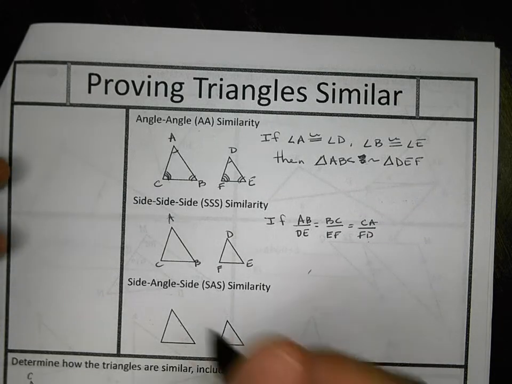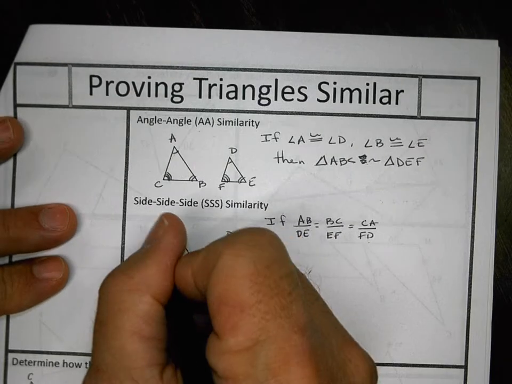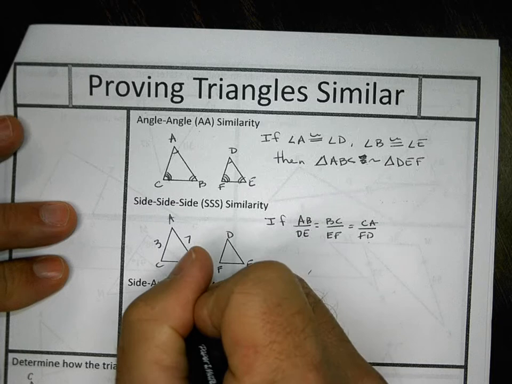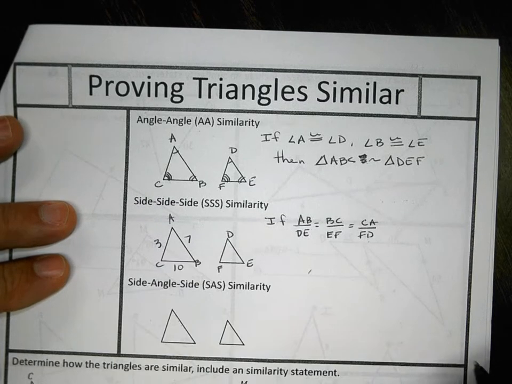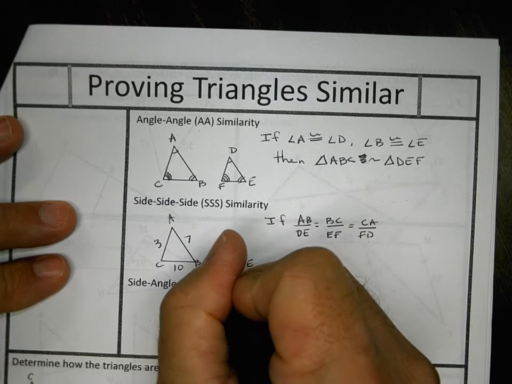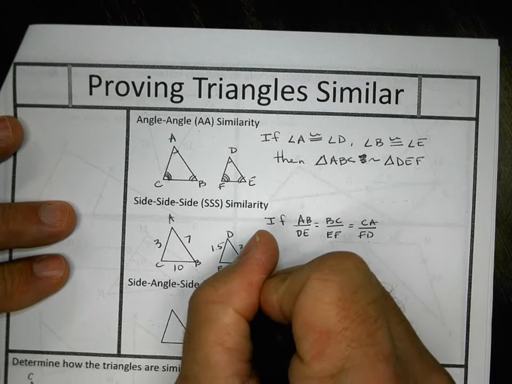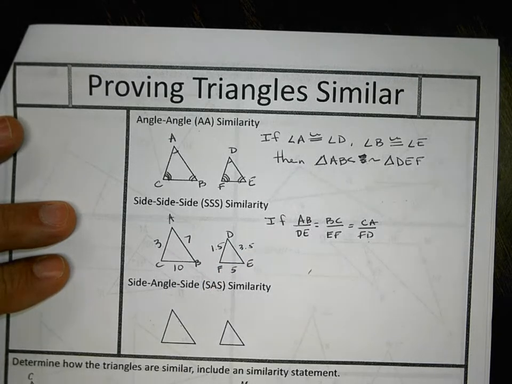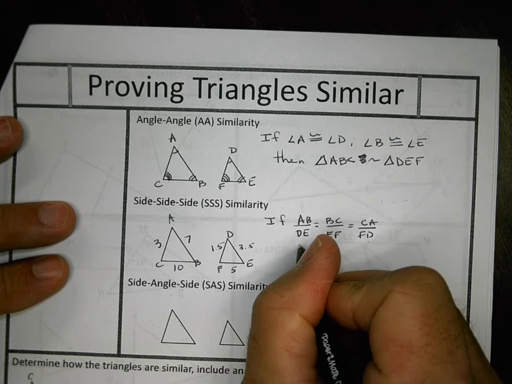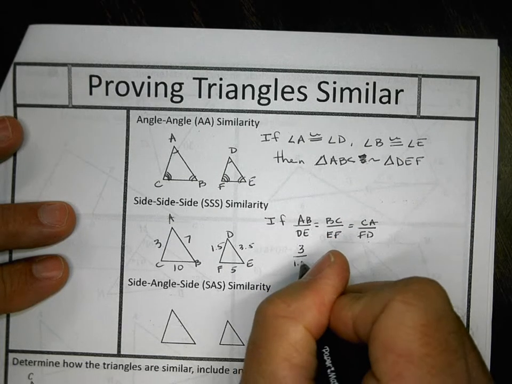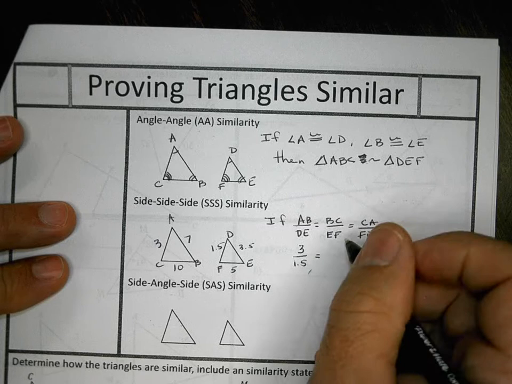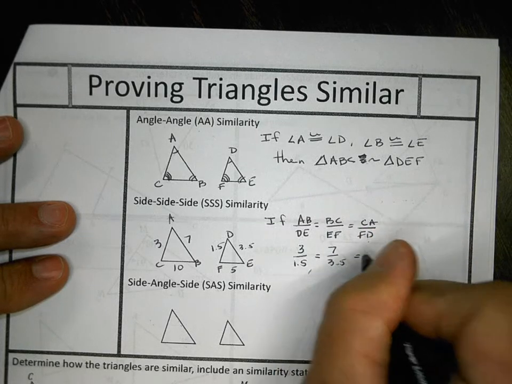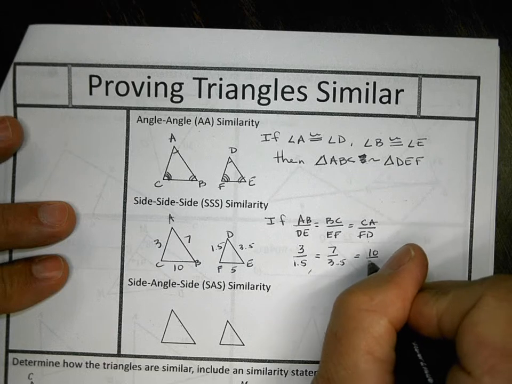For instance, let's make up, let's just go 3, 7, and 10. And if this guy was 1.5, and this guy was 3.5, and this guy was 5, well, then we could say 3 over 1.5 equals 7 over 3.5, which equals 10 over 5.